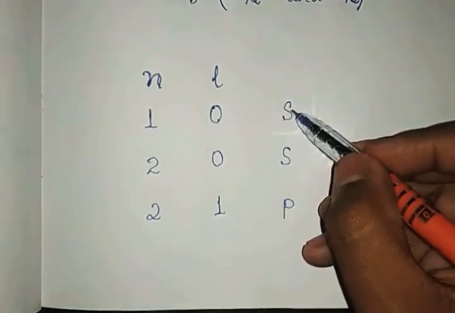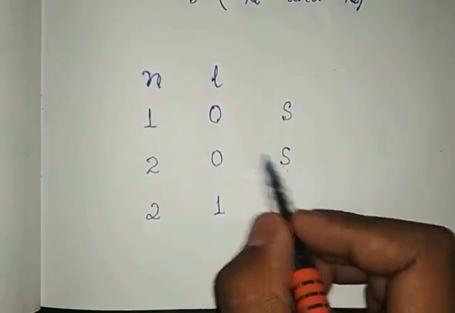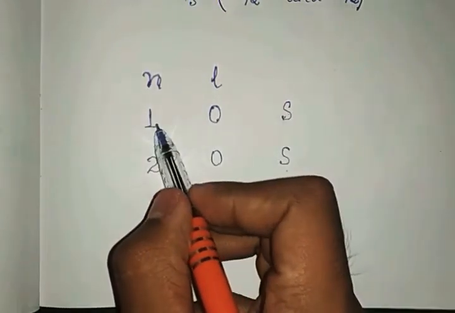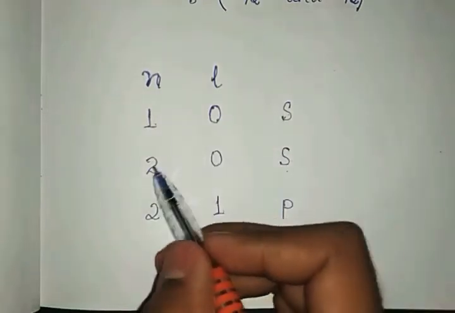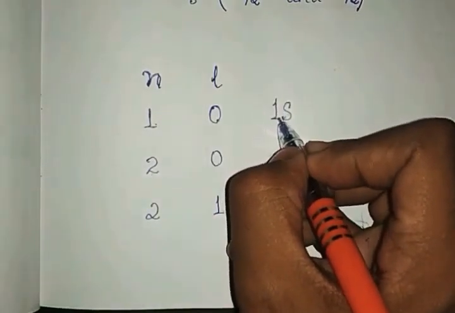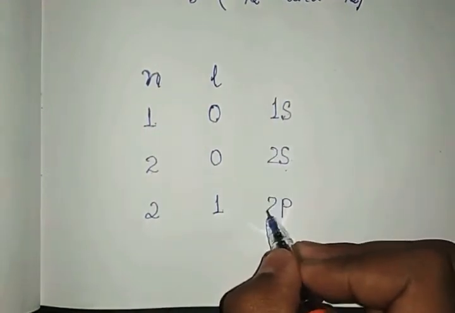And now how to designate that this S is for the first shell and this S is for the second shell. So here the principal quantum number is added in this way, 2S, 2P.